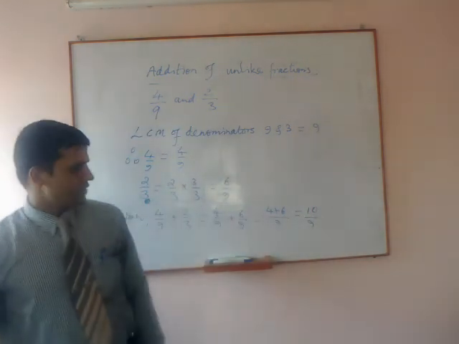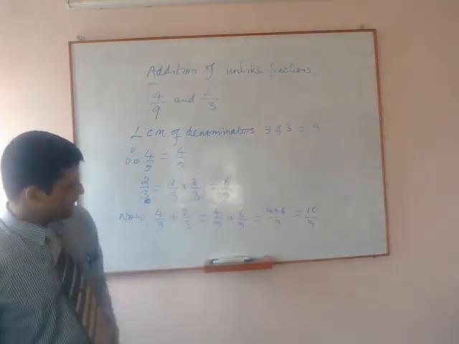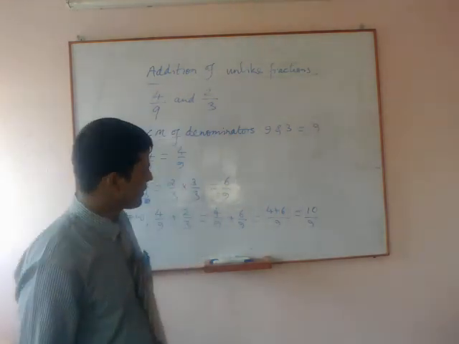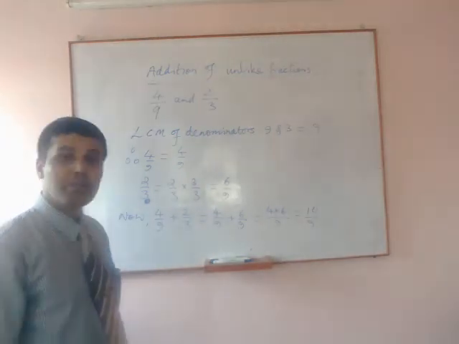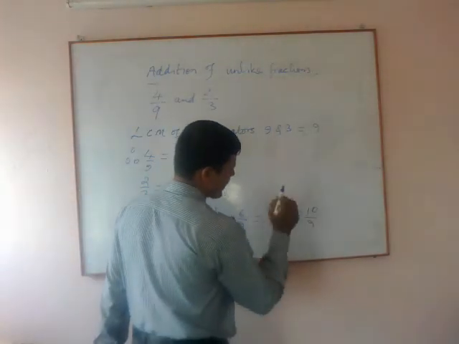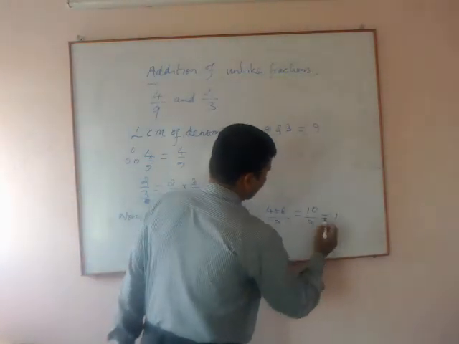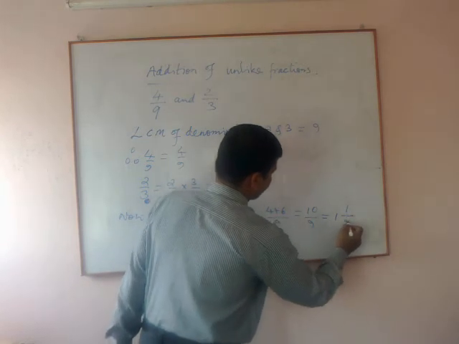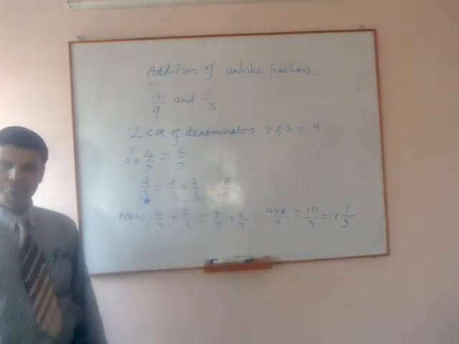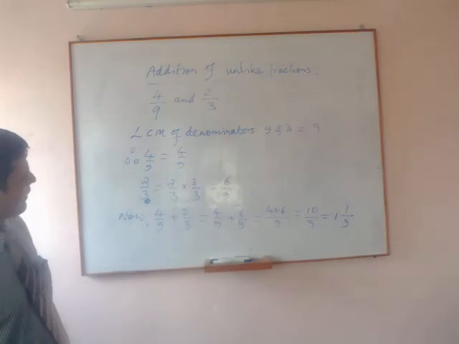We can see here the numerator is bigger than the denominator, so we can convert this fraction into a mixed number. So 9 in 10 goes one time, and the remainder will be 1 over 9. That's the answer.